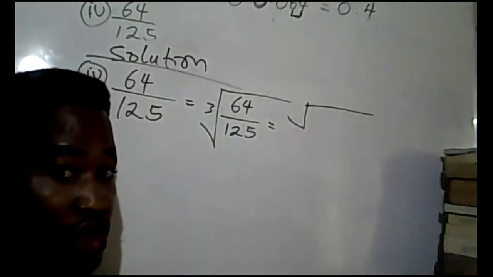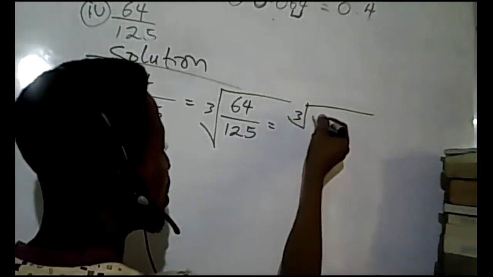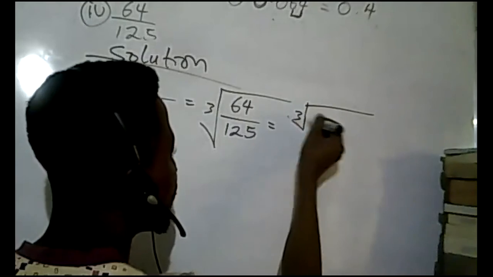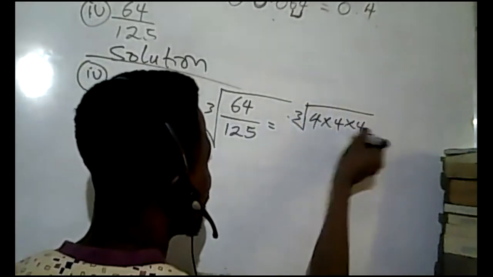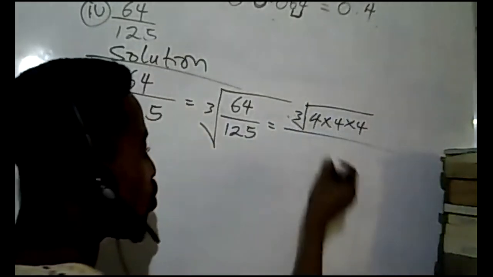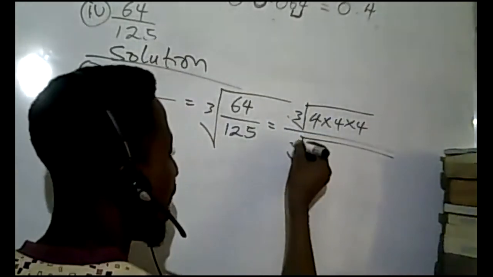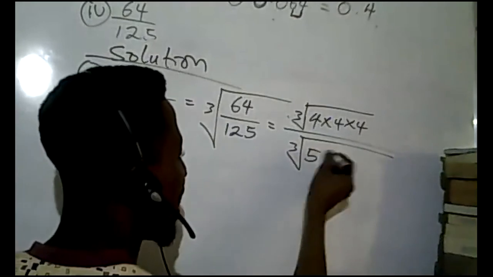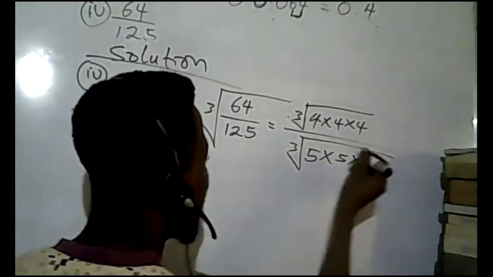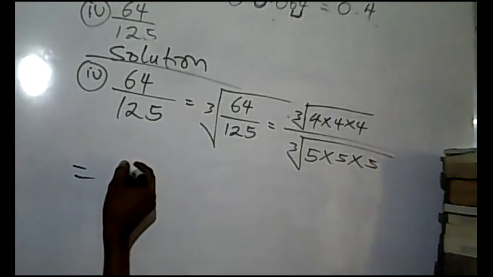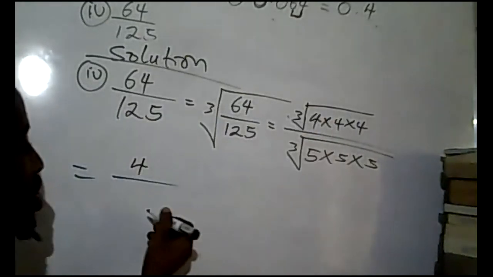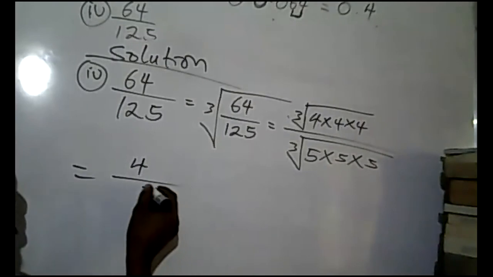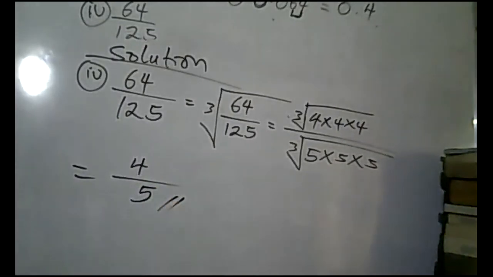The cube root of 64 is, you find it differently. It says 4 times 4 times 4 over the cube root of 125. We did it earlier on. So that is also 5 times 5 times 5. Therefore, the cube root of 64 is 4. The cube root of 125 is 5. So your answer is 4 over 5.